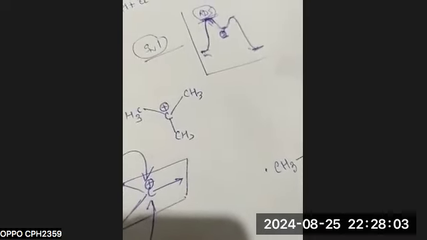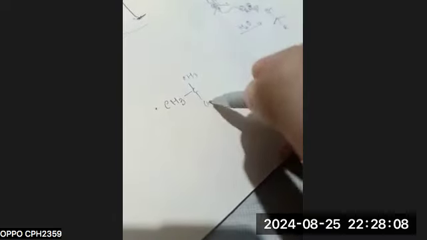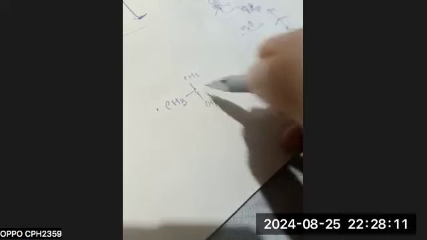Okay, for rearrangement reaction, suppose I am taking this molecule, 3,3-dimethyl butene-2.